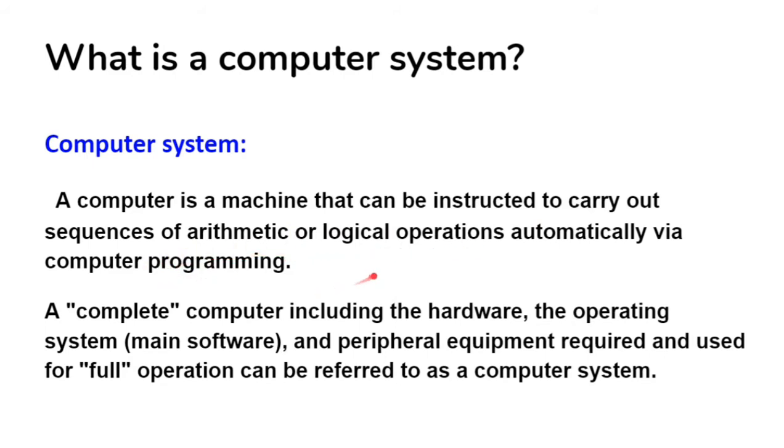So a computer can execute the instructed programs, such as when we want to play a movie or a song, we instruct the computer system. The player gets the song and plays it for us by the instructions we have given, and that instruction is called software, and that software is called the operating system.